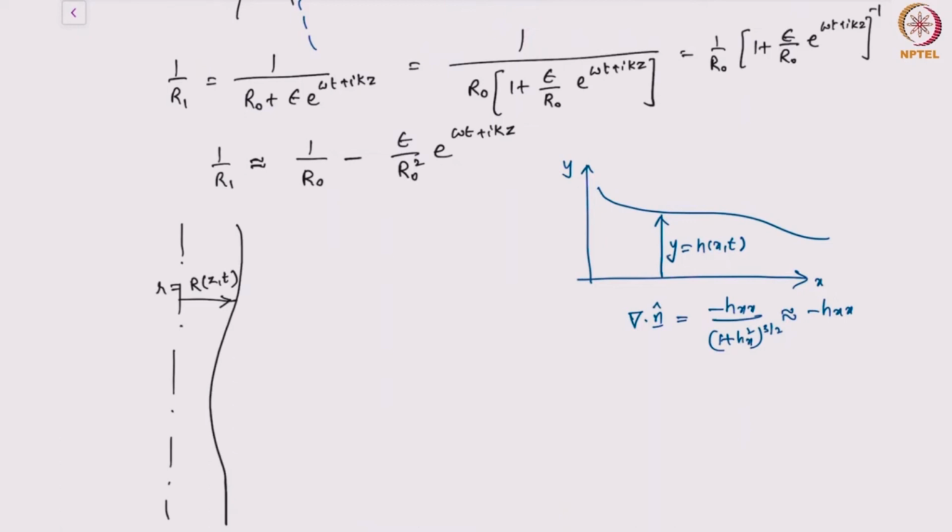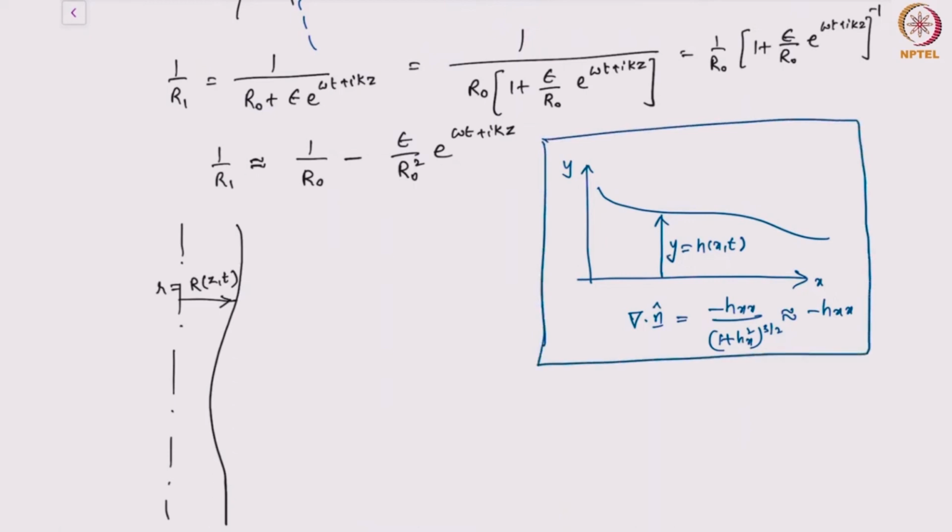I'll put that in a blue box. So just like y equals h of x comma t, here we have r equals capital R of z comma t, and if I use the same result for the curvature, the curvature in this case, 1 by R2, will be nothing but minus del square R by del z square.